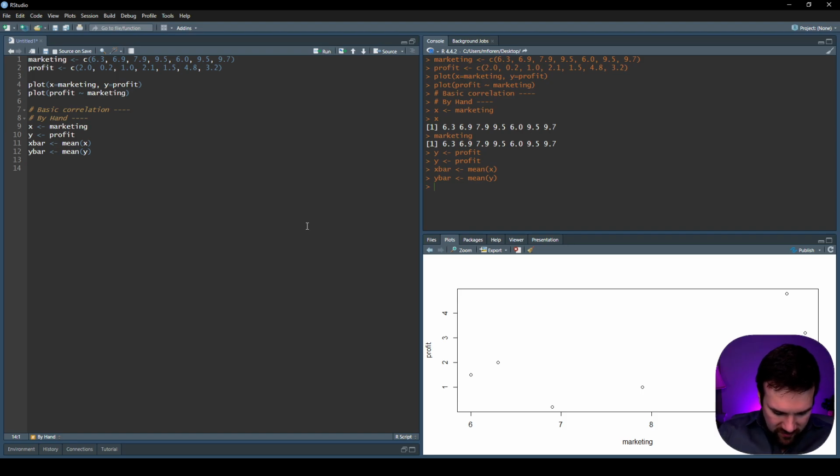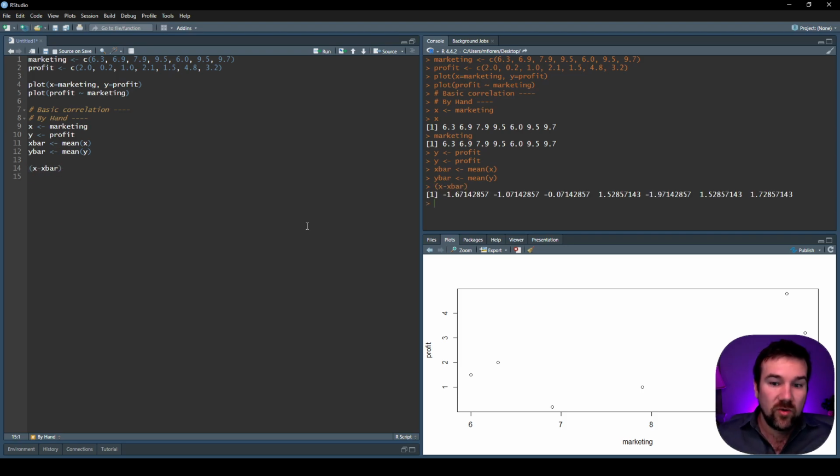First of all, I have X minus X bar. I want to wrap this in parentheses. This is going to be a whole bunch of numbers because for each of the X values, it's their X value minus X bar. And I want to multiply this by Y minus Y bar.